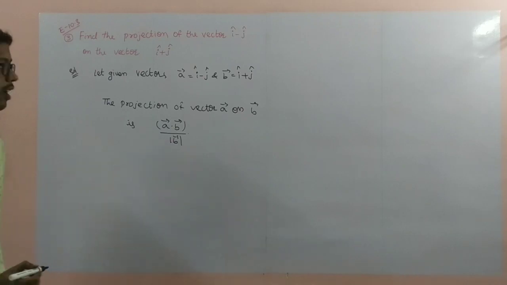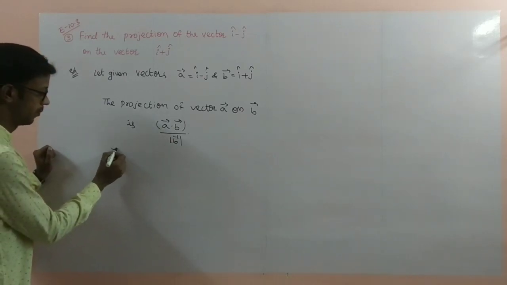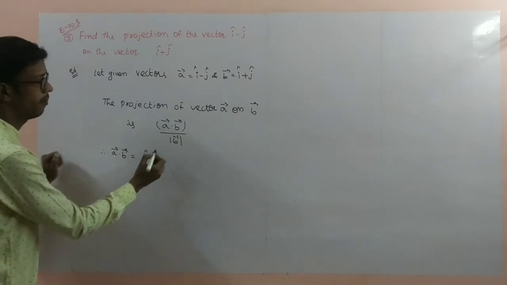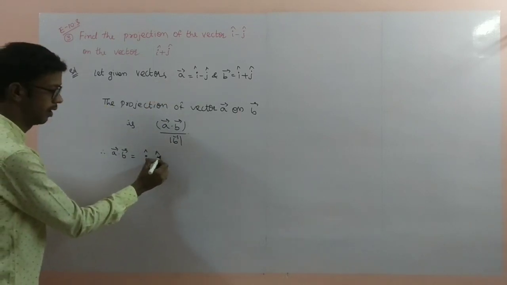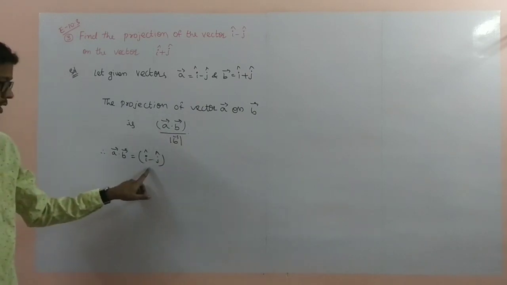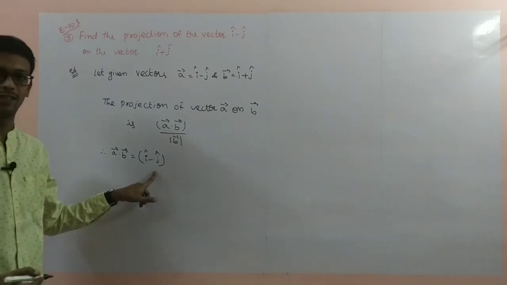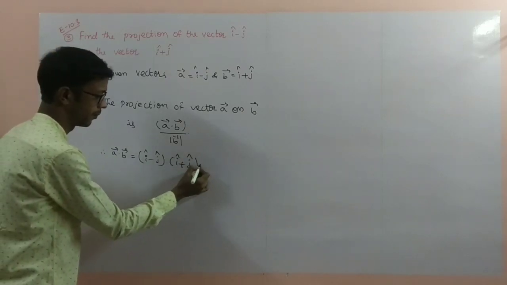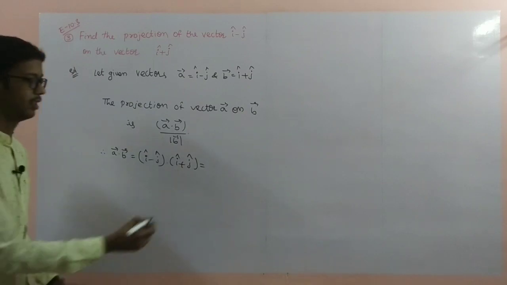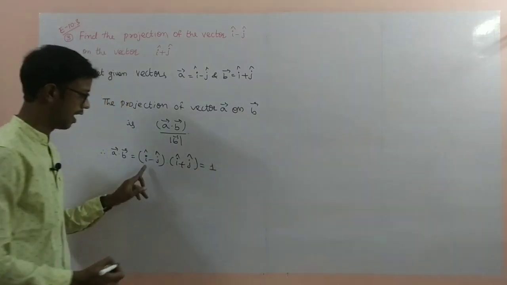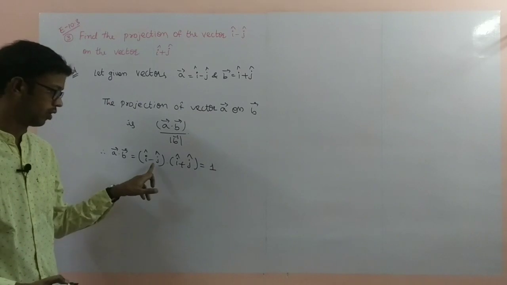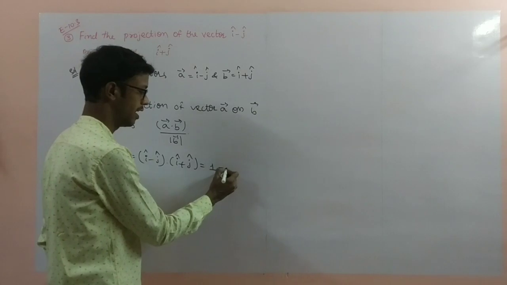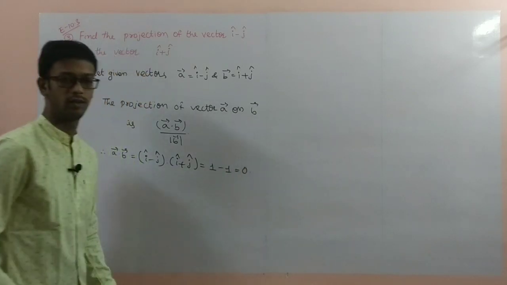So first I'll find the A bar dot B bar value. A bar dot B bar equals i cap minus j cap dot i cap plus j cap. i dot i is 1, i dot j is 0, minus j dot i is 0, minus j dot j is 1, so the sum equals 0.